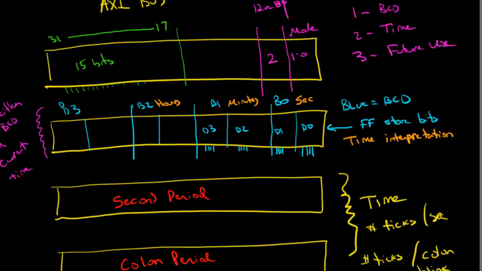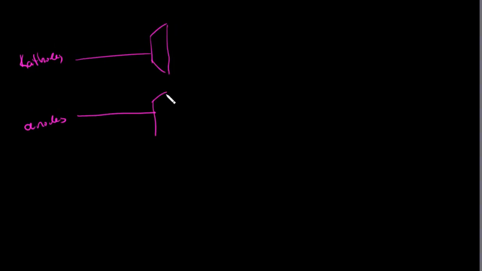So remember, to layer this thing up, where we're going to start is I need to have those cathodes and those anodes being driven by something. And typically what we're going to wind up with here is some kind of a multiplexer.